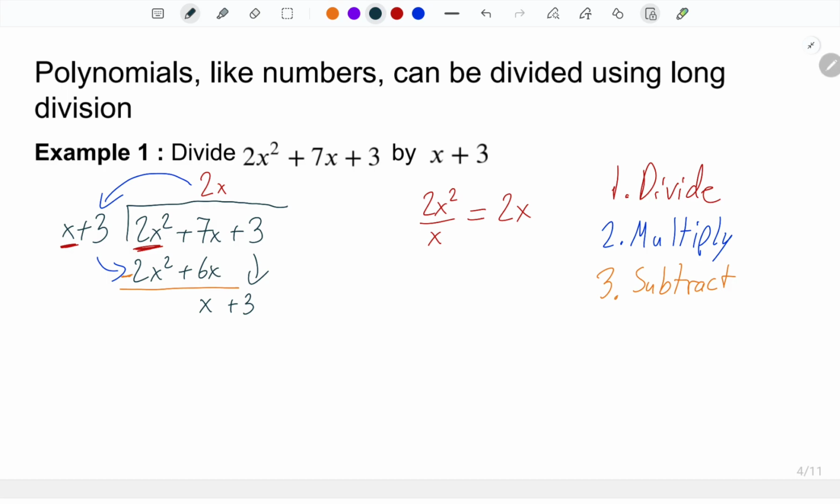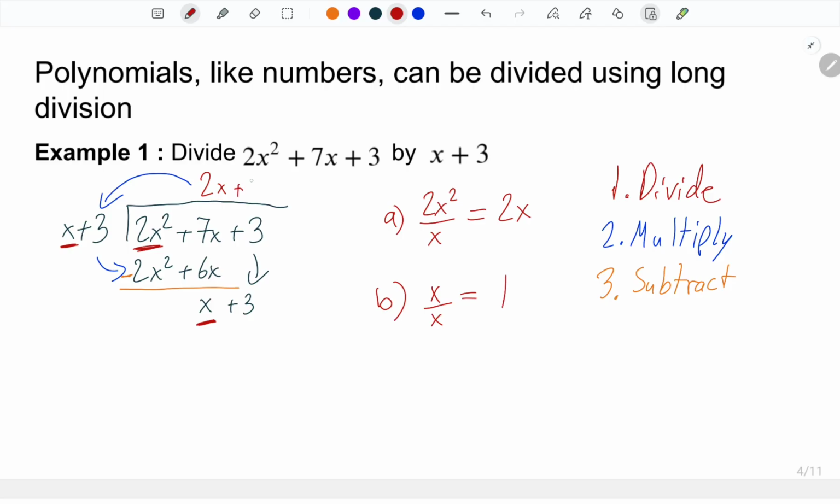Okay, so now repeat the process. So now we have this x plus 3. We're looking at the starting part, in this case the x, and dividing it by x. So x divided by x will just be 1.